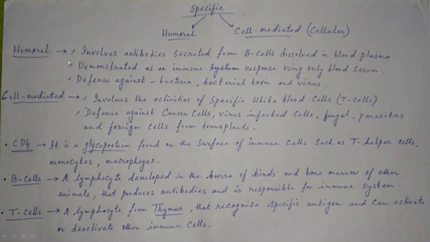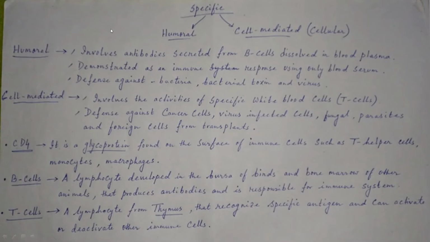In case of humoral, it involves antibodies secreted from B cells dissolved in blood plasma, demonstrated as an immune response using only blood serum, and defense against bacteria, bacterial toxin, and viruses.